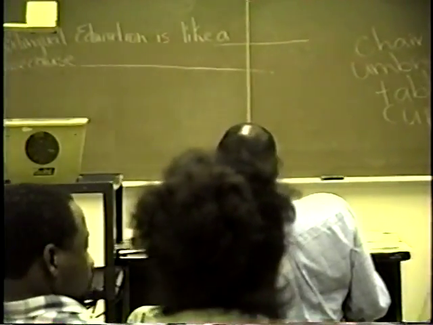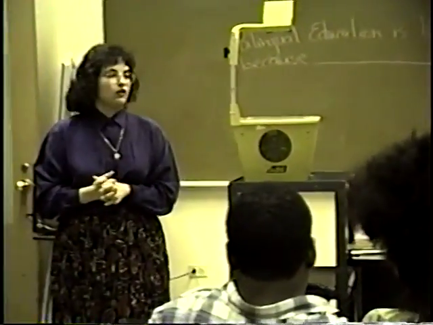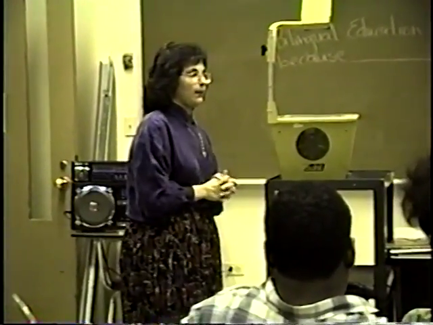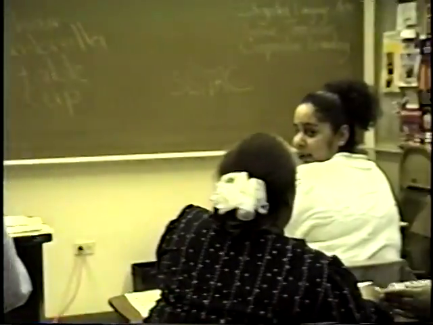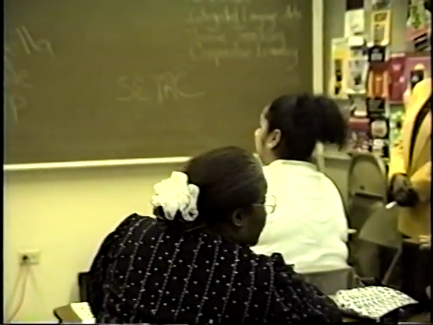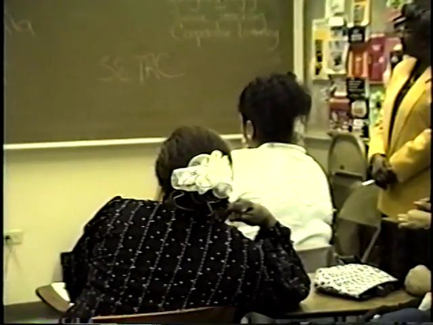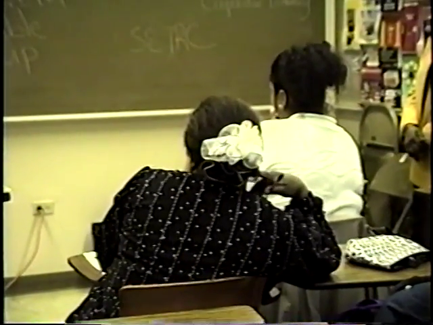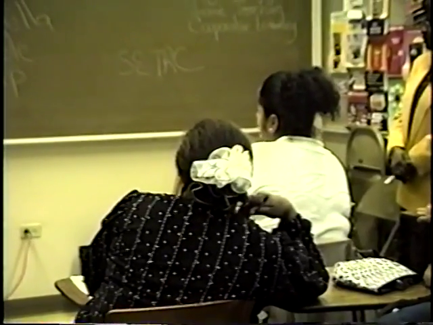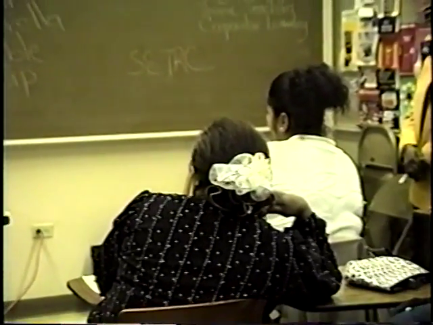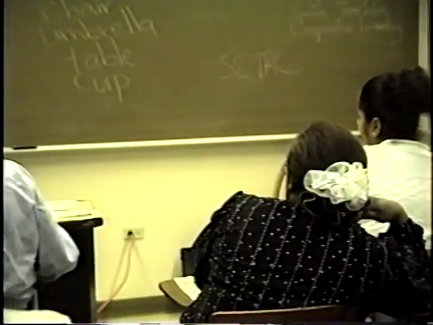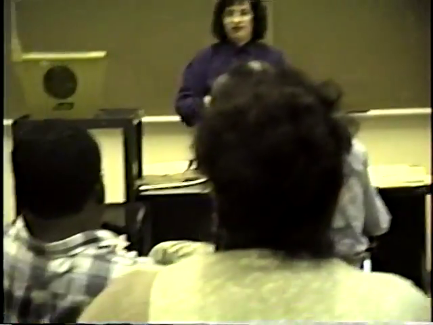Okay, let me hear your analogy. Who's ready? Leah. Okay, let me hear you. Bilingual education is like a table because it provides a stable foundation for future academic growth for the ESL and IEP students. Very good, thank you. Who else is ready?